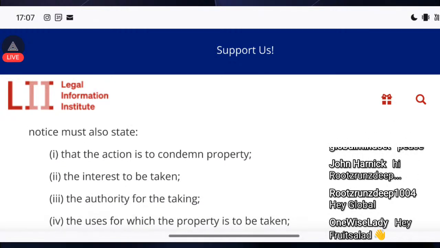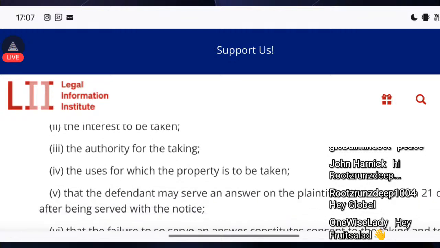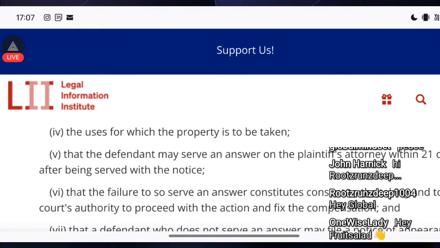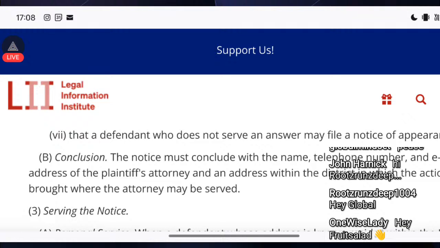The notice must also state that the action is to condemn property, the interest to be taken, the authority for taking, and the uses for which the property is taken. The defendant may serve an answer on the plaintiff's attorney within 21 days after being served with the notice, that the failure to serve an answer constitutes consent to the taking and to the court's authority to proceed with the action and fix the compensation, and that a defendant who does not serve an answer may file a notice of appearance.